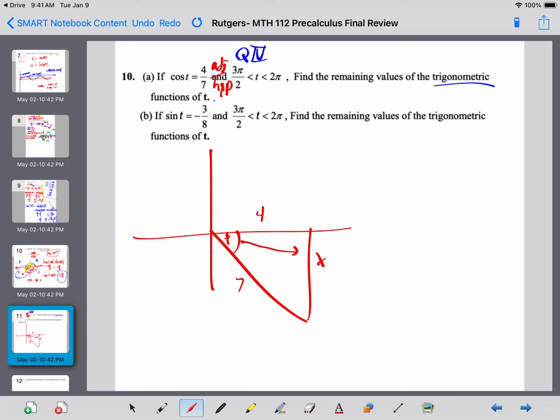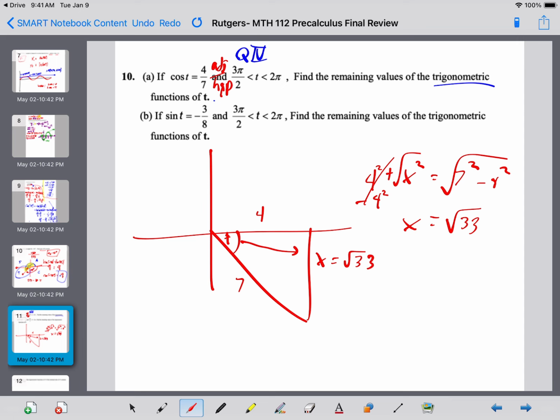So, use Pythagorean theorem. 4 squared plus x squared equals the hypotenuse, 7 squared. You could subtract your 4 squared. Take the square root of both sides. X equals 49 minus 16 is 33. So square root of 33.